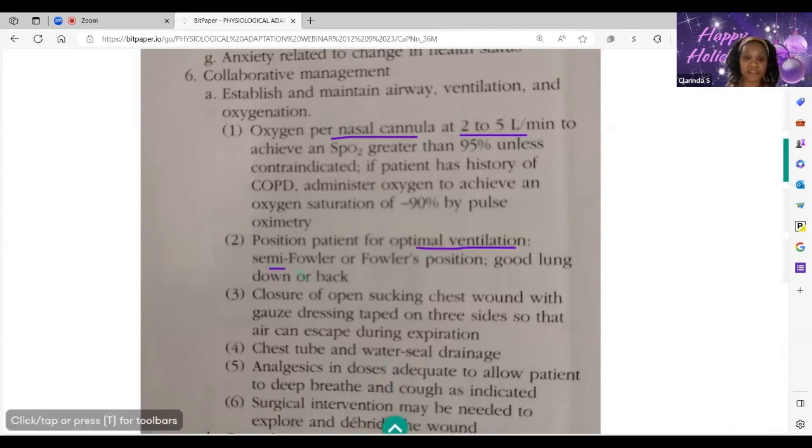We want them in semi-Fowler's or a Fowler's position, sitting up. And their good lung, you want down or back. Straight up is best, but if we had to do some turning, and the bad lung was on the left, I would want their good lung down, because you want them to aerate the bad lung by having it up. So good lung is down.